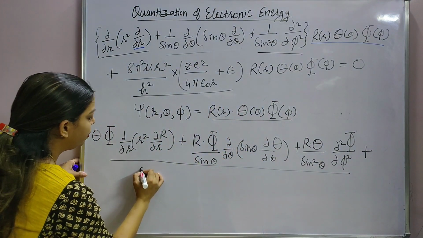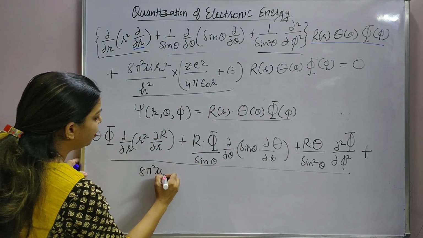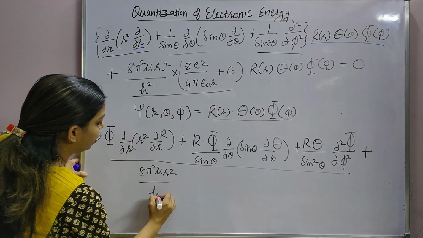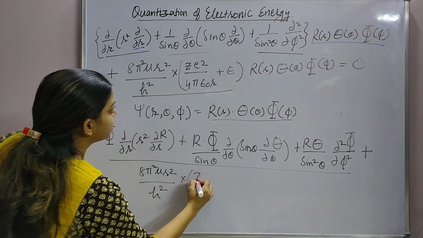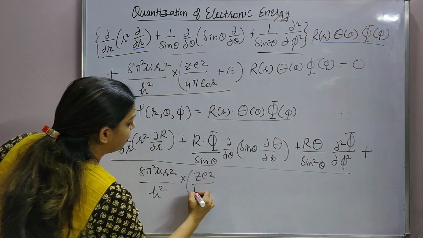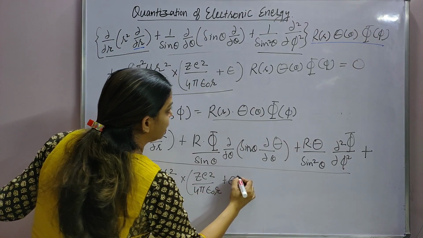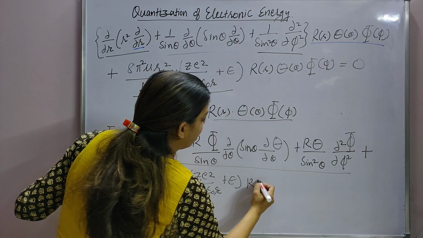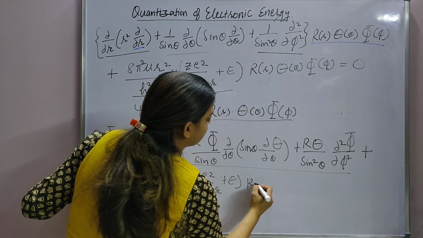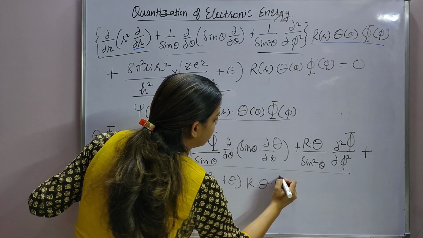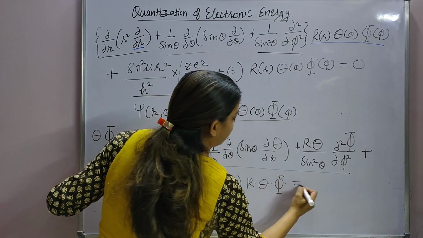So I have 8 pi square mu r square over h square, plus e and r theta phi is equal to 0.